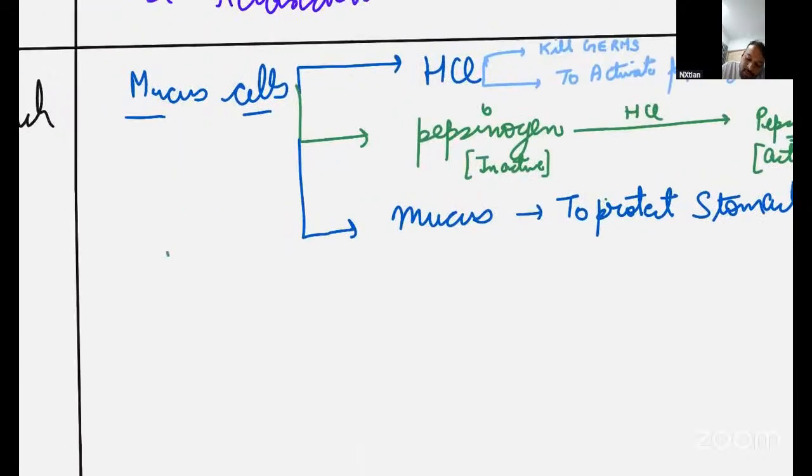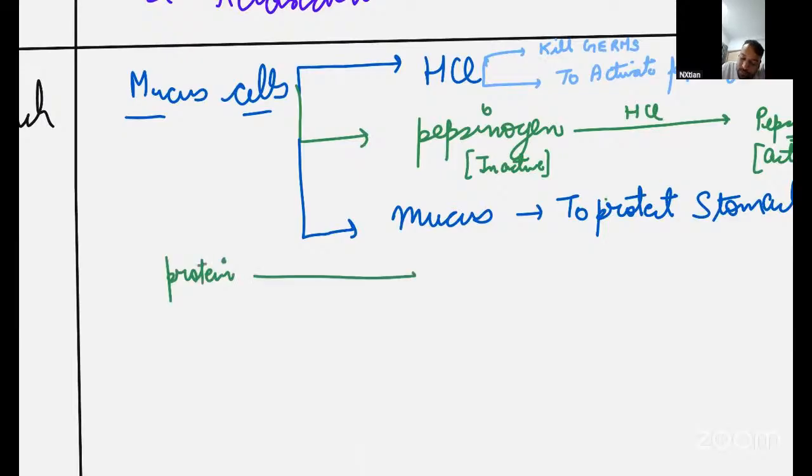So what will pepsin do? Pepsin, P for pepsin, P for protein. It will work on proteins. Repeat after me: pepsin will work on protein.